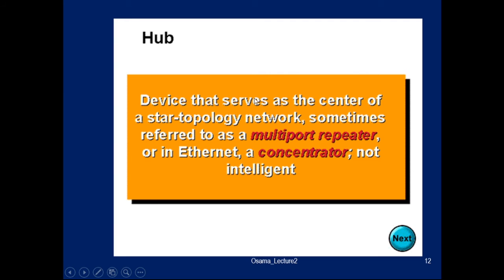The hub is a device that serves as the center of the star topology. So hub refers to star topology network. Sometimes it is referred to as a multi-port repeater, or in Ethernet, not intelligent.